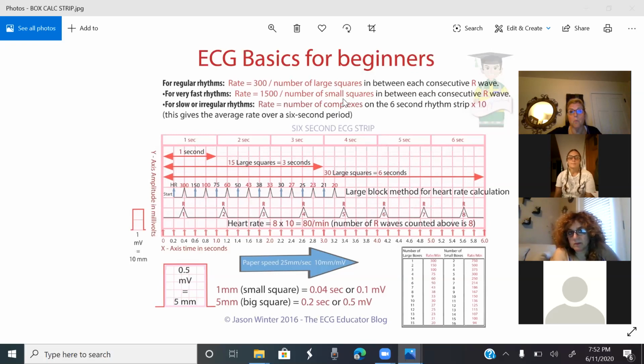For very fast ones, you do want to use the little ones because it's going to give you a better picture of what the rate is. But they all have to be regular, because if it's not, then you can only do the 6 second. I'll send y'all this. That's a good handout to have.